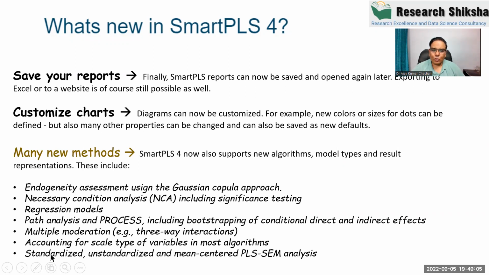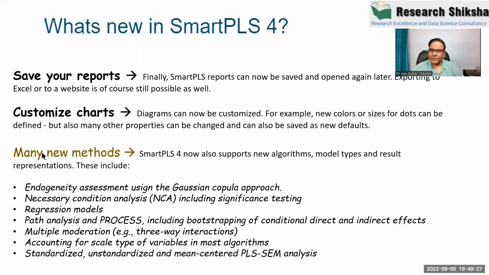And many new methods they introduced in this new software. You can apply the Gaussian copula model, you can apply the regression model, you can apply the PROCESS model. So these are the different options they added in SmartPLS 4.